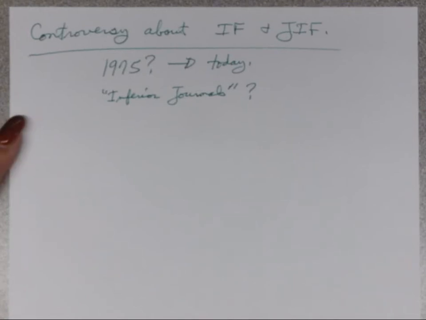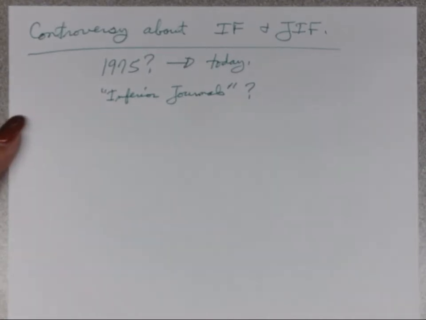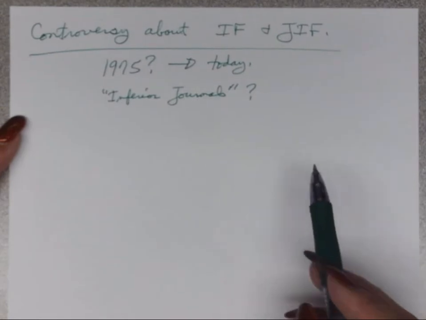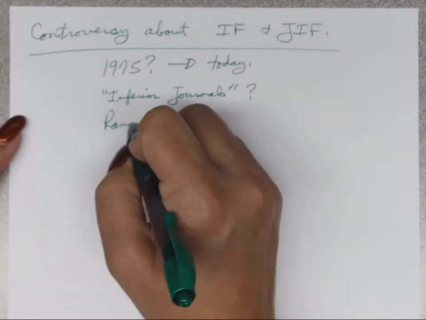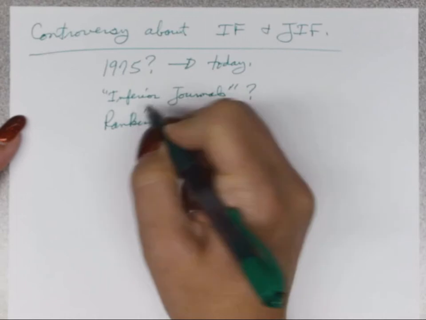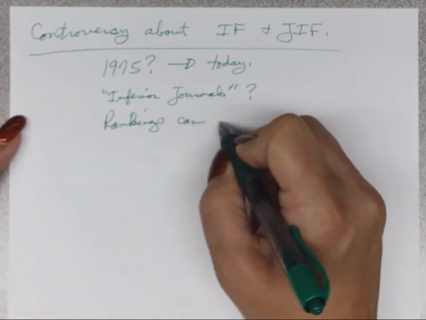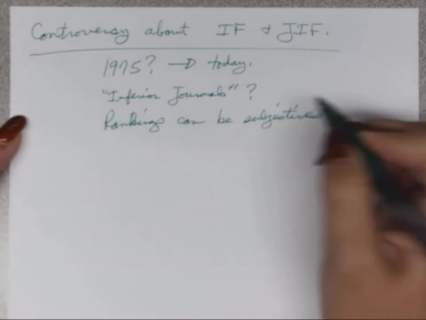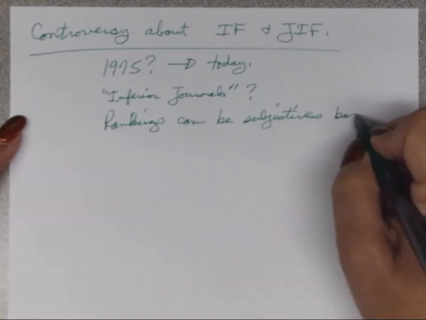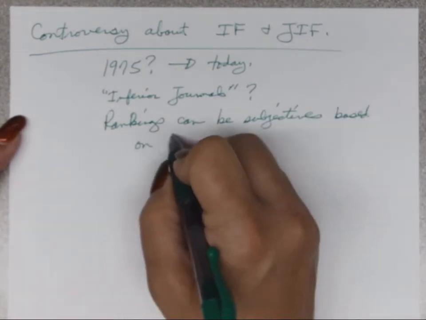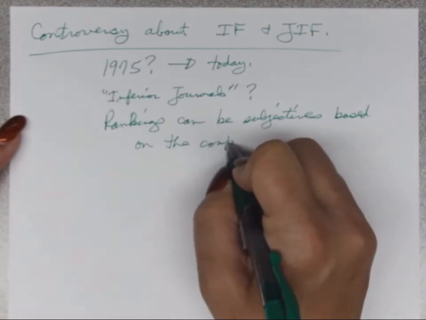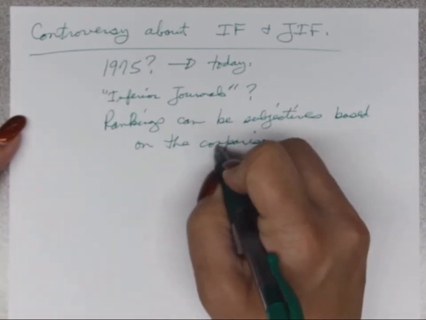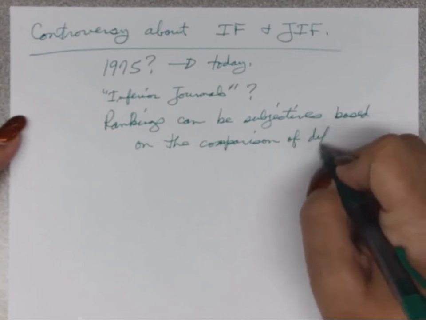So, in particular in humanities, they don't really love this idea of rankings, right? Rankings can be, although it is a numeric number, subjective, based on the comparison of different journals.